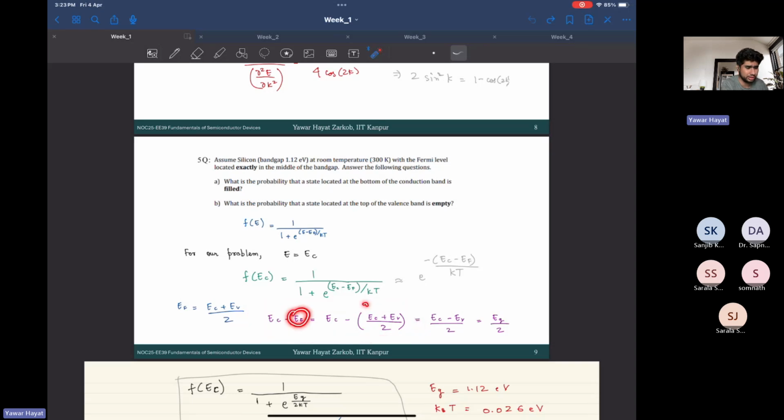I just substituted (EC plus EV) by 2 instead of EF. I can simplify this to obtain (EC minus EV) by 2, which is nothing but your EG by 2. So in other words, this factor EC minus EF can be replaced by EG by 2.